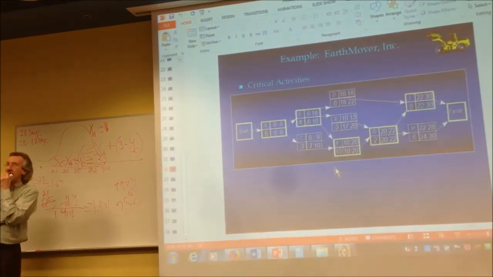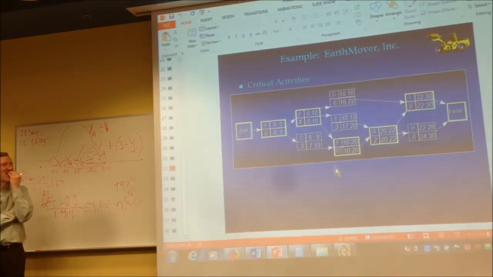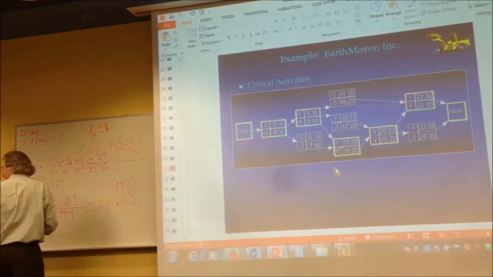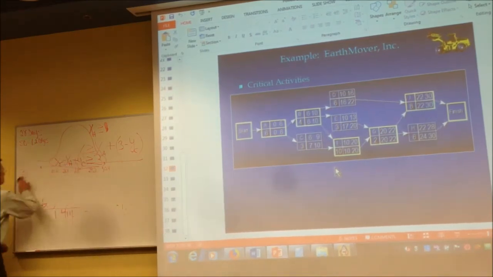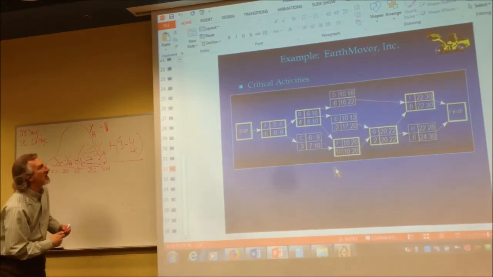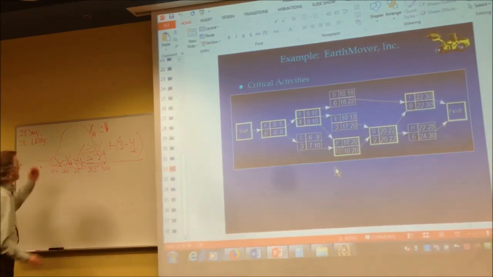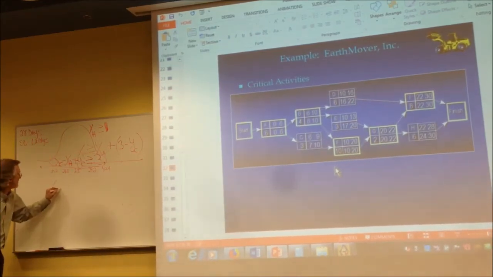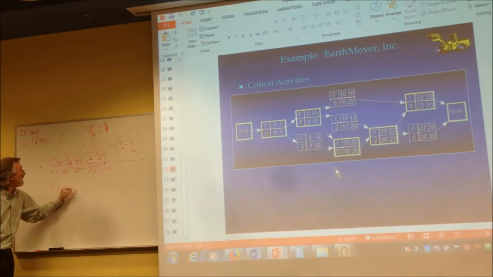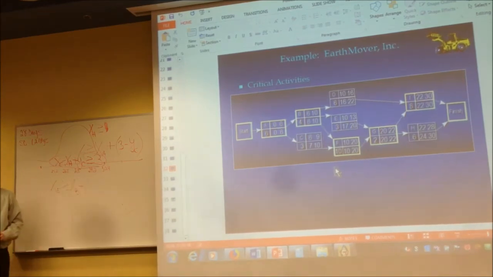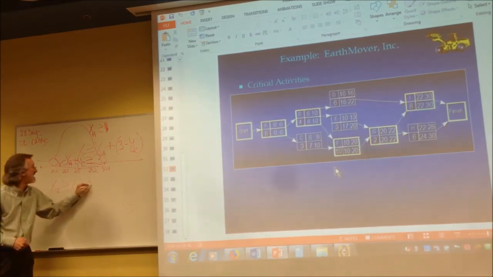Let's go back and do another one. You ready? I want you to help talk me through this. Okay, let's do activity E. Activity E, you start with the X variable, greater than or equal to, what precedes E? B, use the X variable for B. Plus, parentheses, what is the usual time for activity E? 3 units of time.